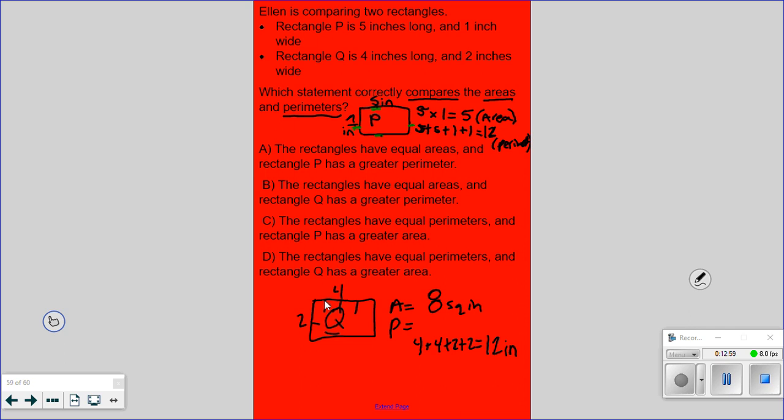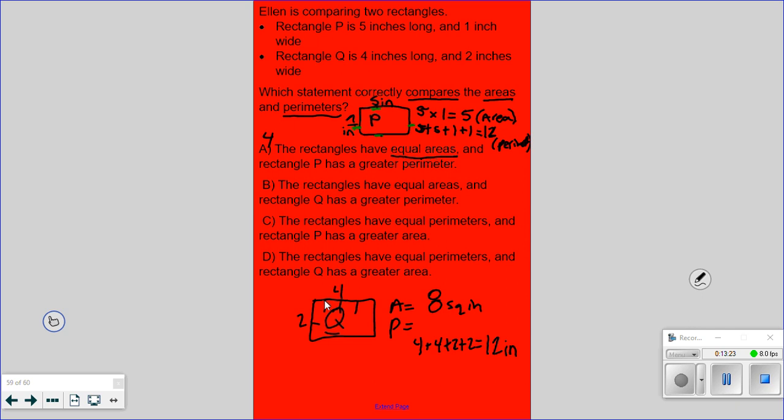Do they have the same area? No. Well, this one says they have equal areas. Is that true? No. So is A going to be a good answer? No. What about B? The rectangles have equal areas? No. Do they have equal areas? No.